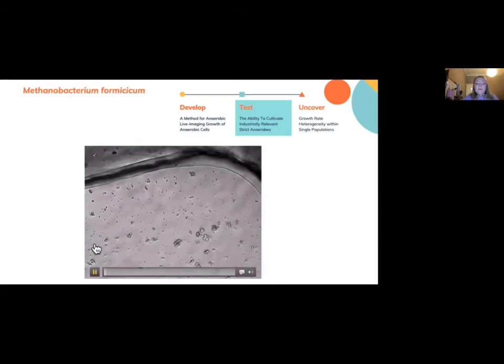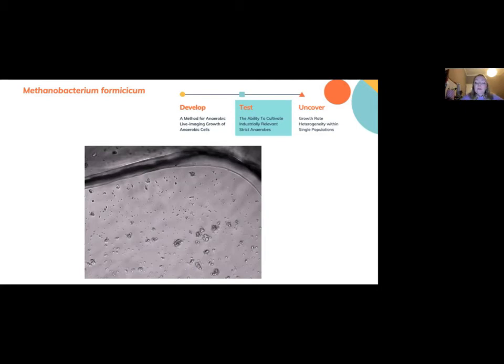Recently, I did some analysis with Methanobacterium formicicum, and these were quite active. I'm still analyzing the results from this to actually calculate the growth rates. One of the challenges with the methanogens is that they like to form biofilms. So this was in a commercially available culture well, so the cells were not constricted height-wise.